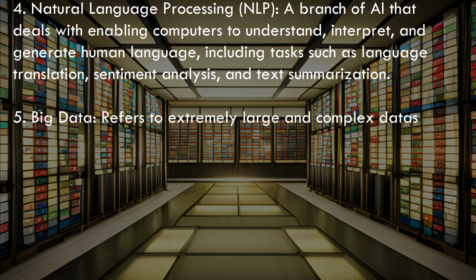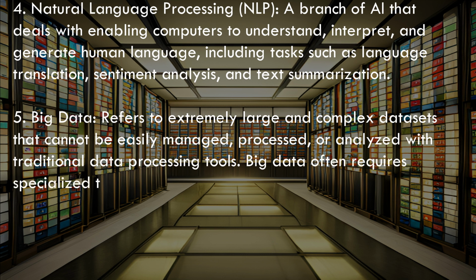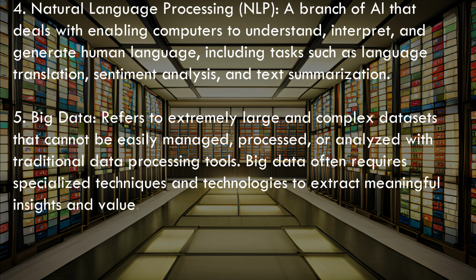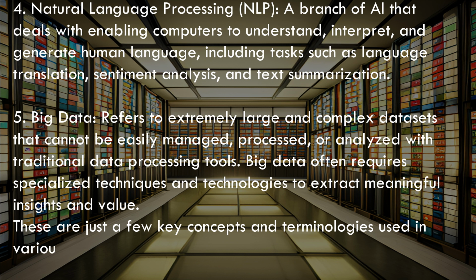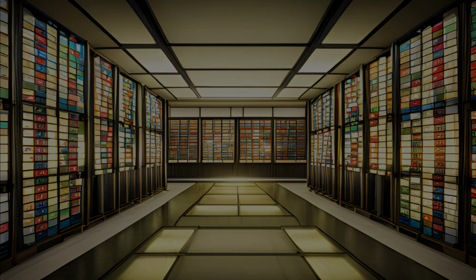Big data refers to extremely large and complex datasets that cannot be easily managed, processed, or analyzed with traditional data processing tools. Big data often requires specialized techniques and technologies to extract meaningful insights and value. These are just a few key concepts and terminologies used in various fields. There are many more depending on the specific domain or industry you are interested in.